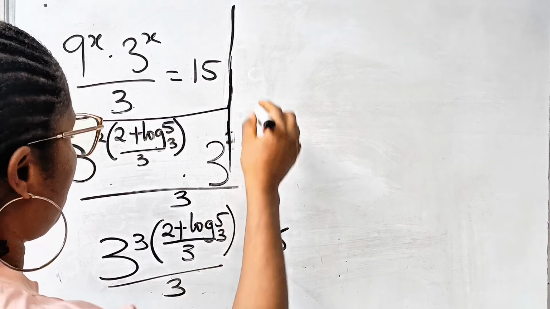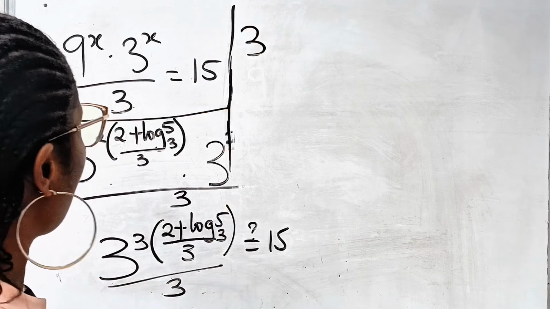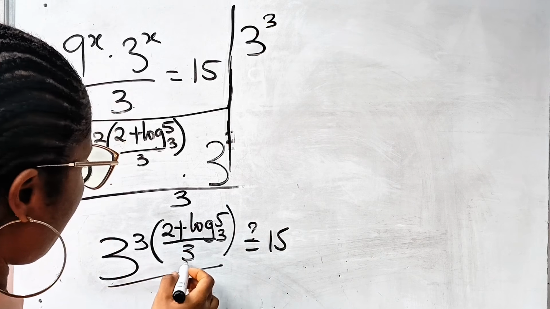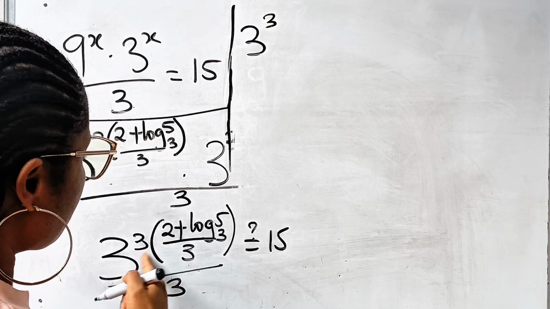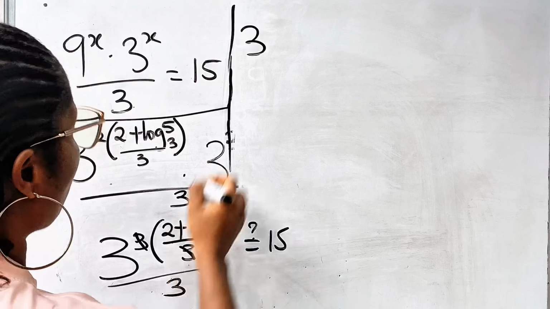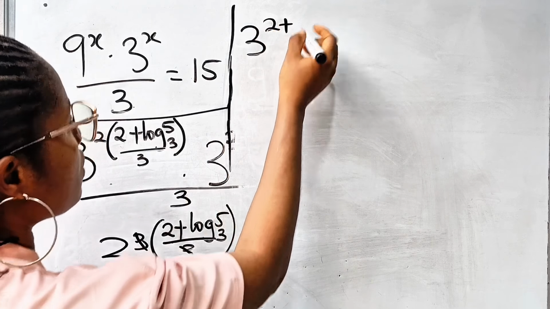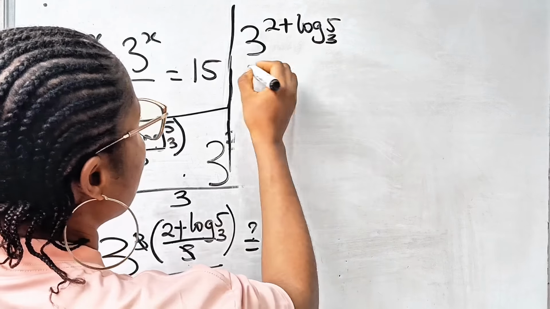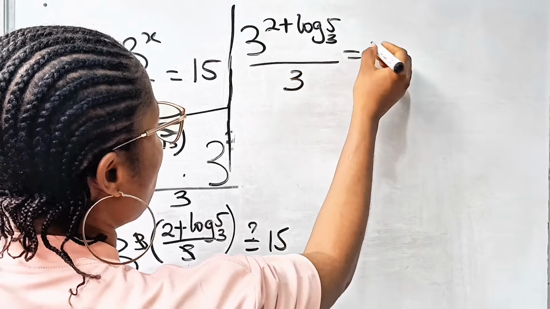So now we have 3 to the power of 3. This 3 can go into this, because this is multiplying the bracket. So we are left with 3 to the power of 2 plus log 5 base 3, divided by 3, is equal to 15.